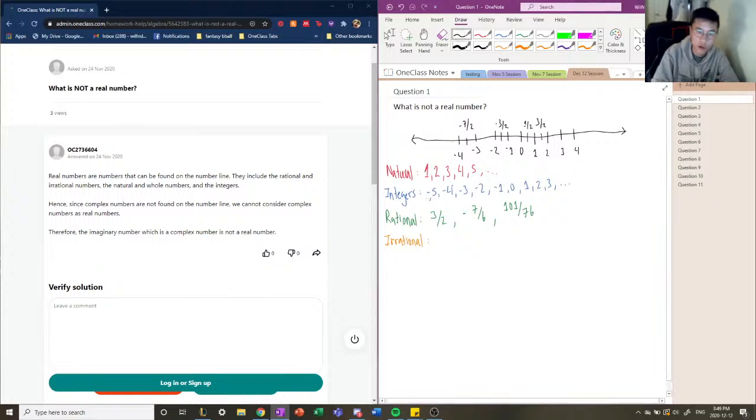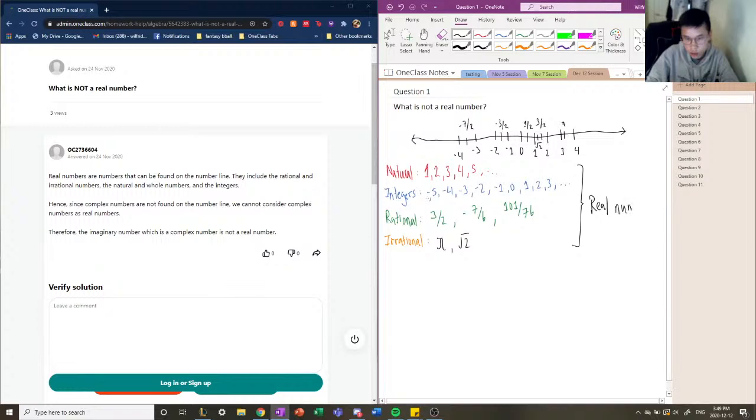A really popular one is pi, and another is √2. They all exist on the number line: pi is here, and √2 is around here somewhere. This is what we call our real numbers, and these encapsulate all the real numbers.